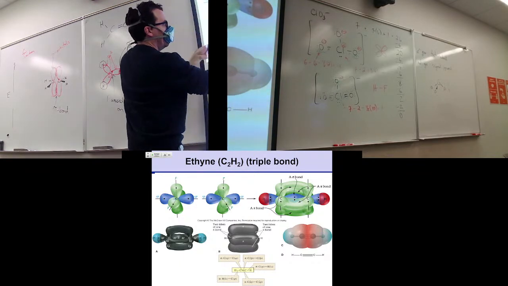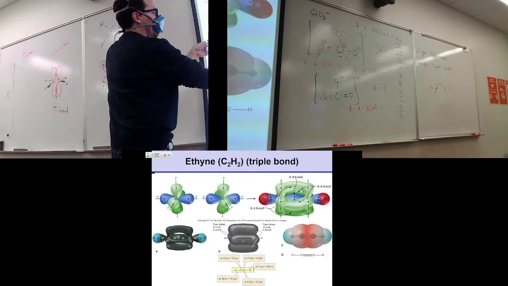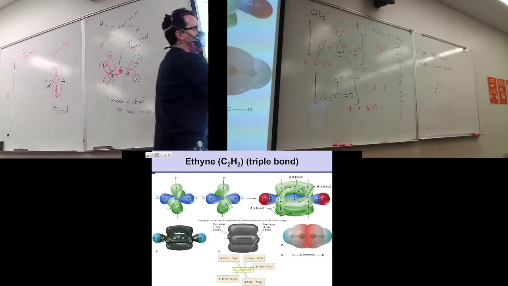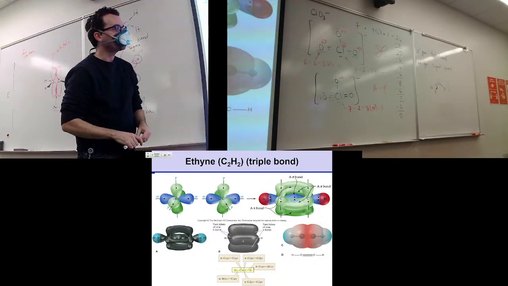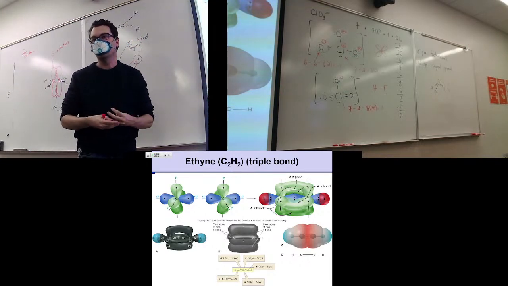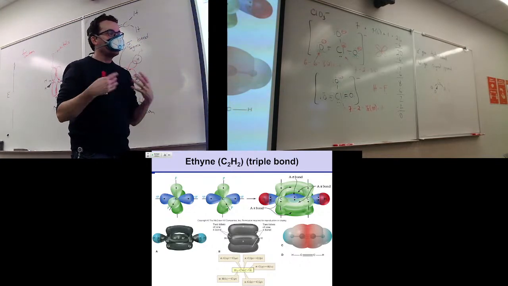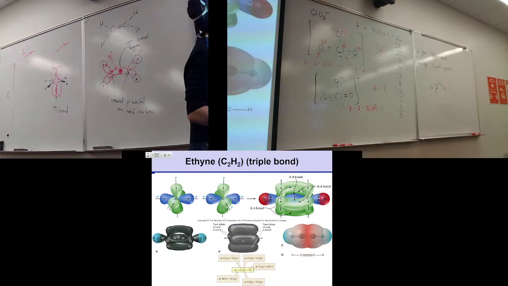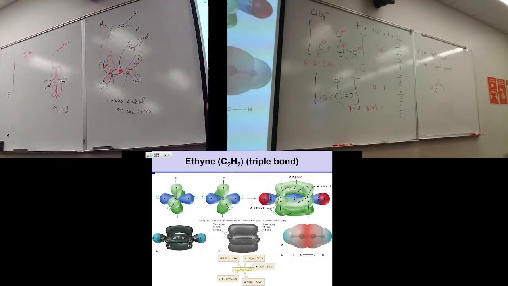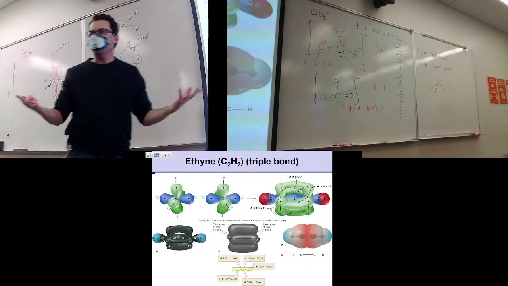And then the other 2 go in and out, and overlap side to side as well, and make this bulb in front, and there's a bulb in back that you can't see. But there are 2 sets of pi bonds there. And that's where the triple bond comes from. The triple bond is a sigma bond between these two hybrid orbitals plus 2 pi bonds. Triple bond, 3 bonds.